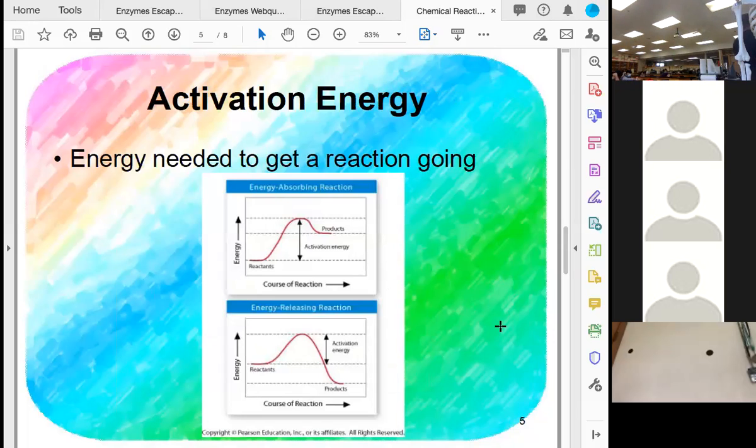But let's look here. This first one right here says energy absorbing, because look, the products have more energy than the reactants. So what would we call this reaction? Endothermic or exothermic?